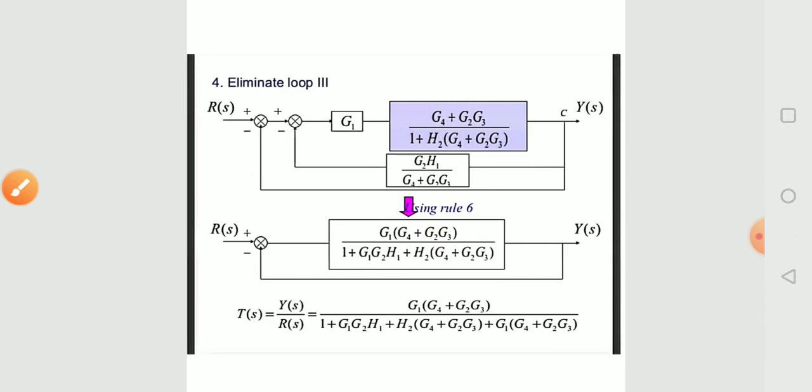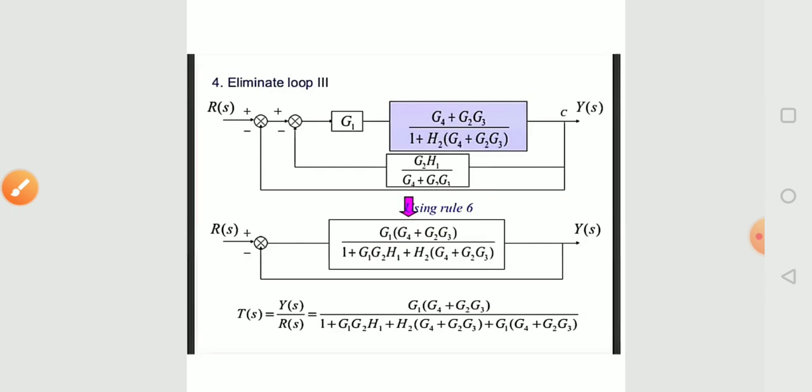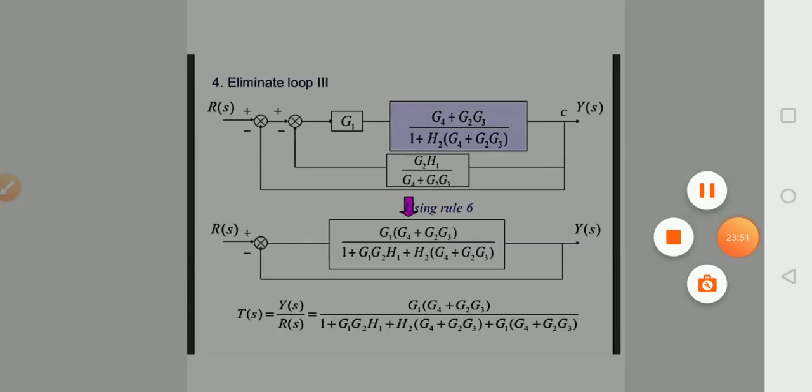So after solving it, applying the transfer function formula G over 1 plus G into H, we find the value is G1 into G4 plus G2 G3 upon 1 plus G1 G2 H1 plus H2 into G4 plus G2 G3 plus G1 into G4 plus G2 G3.